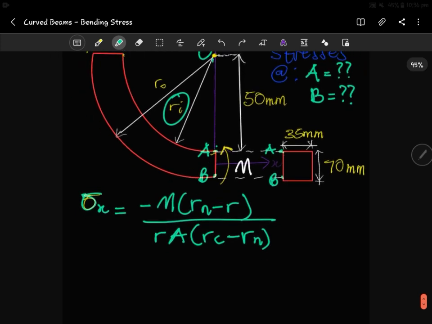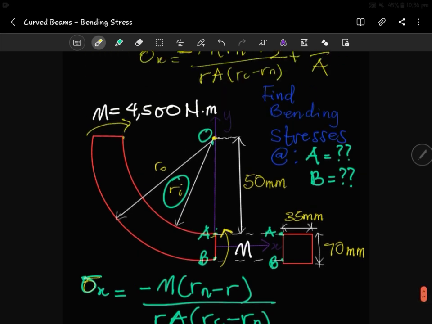So now let's find out what each term stands for. This is the equation we're using. What are the things that we need? We need R, and R we are seeing is the same as Ri. Let's go step by step. We're trying to find the stress, which we don't know yet, but this is the equation for it. In order to do that, we need the moment. We have that already, which is here.